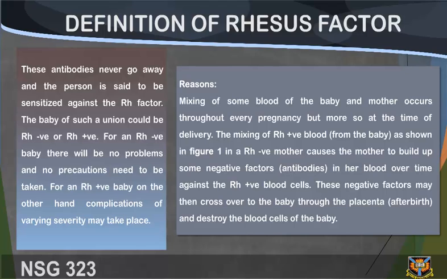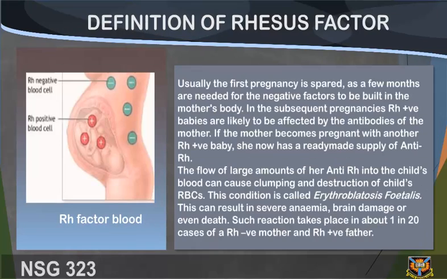The mixing of Rh positive blood from the baby, as shown in figure 1, in an Rh negative mother, causes the mother to build up some negative factors, antibodies, in her blood over time against the Rh positive blood cells. These negative factors may then cross over to the baby through the placenta after birth and destroy the blood cells of the baby.